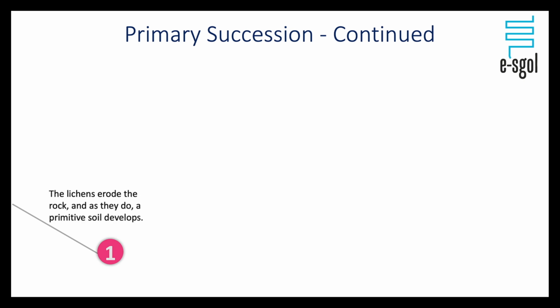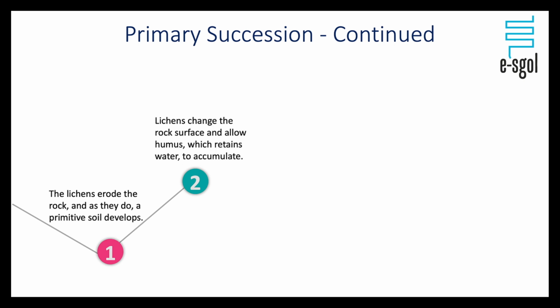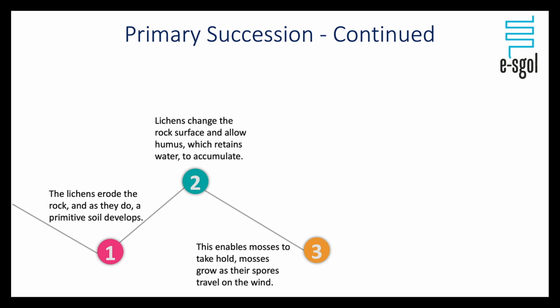We're now going to look at the stages of primary succession in more detail. The lichens erode the rock, and as they do so, a primitive soil develops. Lichens change the rock surface and allow humus, which retains water, to accumulate. This now enables mosses to take hold.